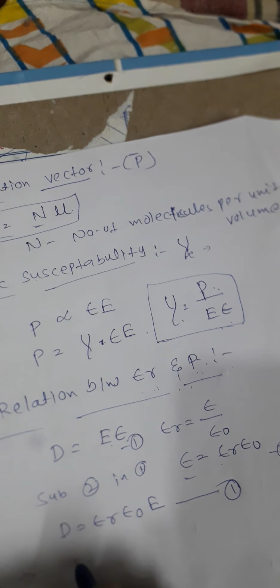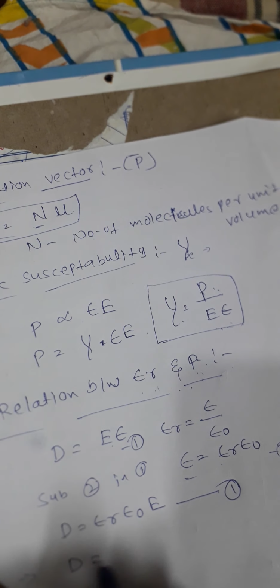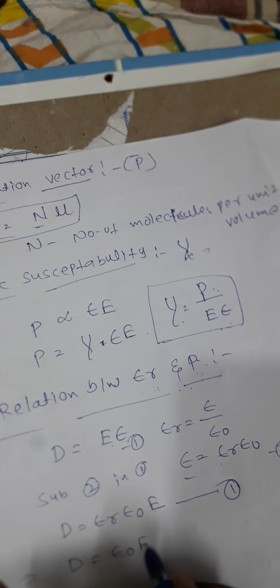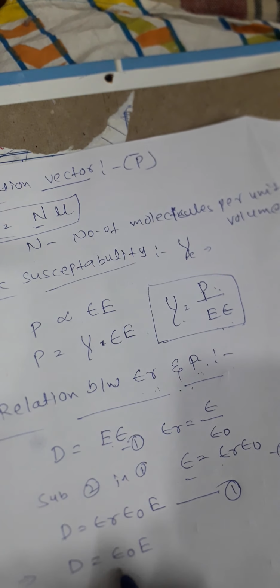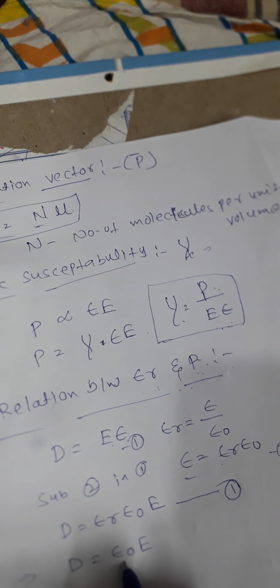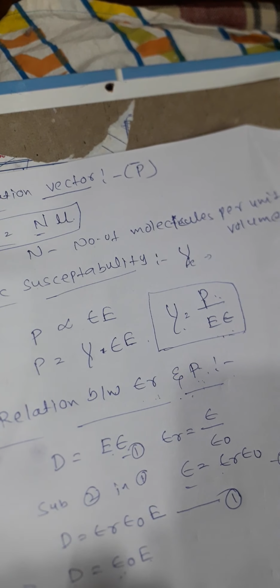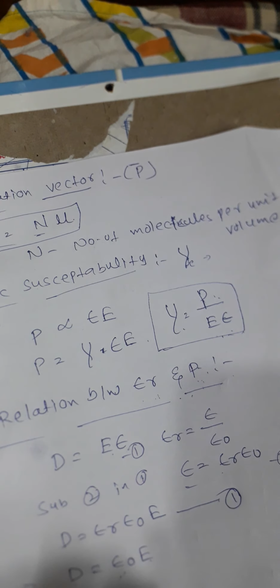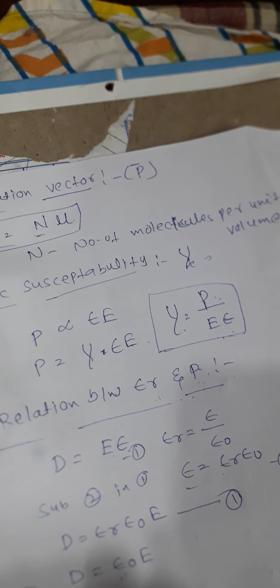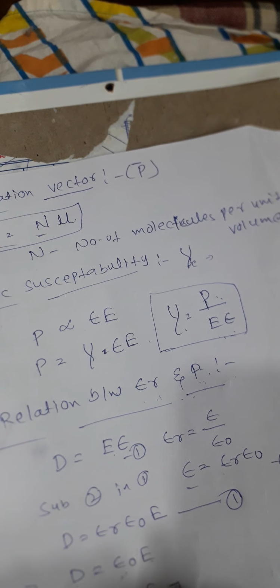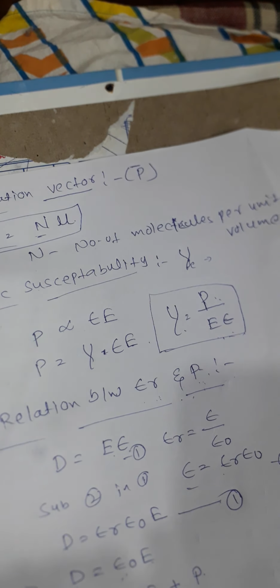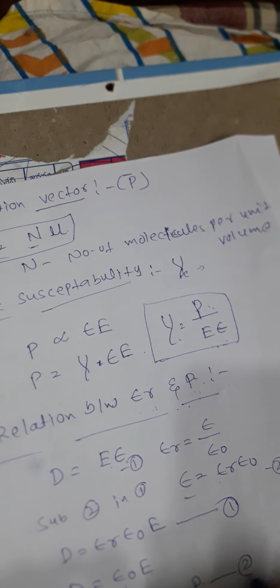Now in free space, D is equal to epsilon naught into E, without any medium. Epsilon naught is the permittivity of free space. When it is placed in a medium, polarization automatically occurs, so the number of molecules and the dipole moment per unit volume increase: D equals epsilon naught into E plus P. This is equation number 2.